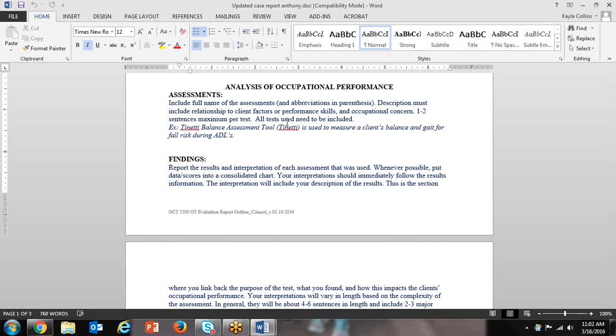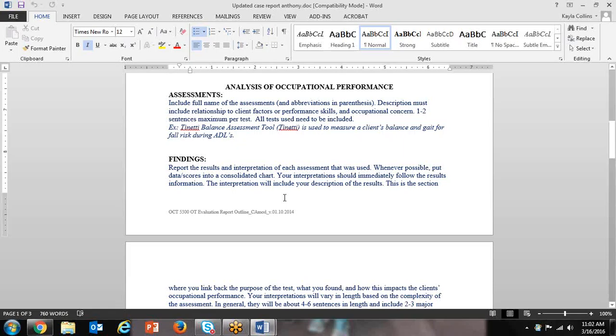You should include a very brief description, one sentence, maybe two. Why was this assessment chosen for this child? What specific client factors or performance skills or occupational concerns is being assessed with this test? So the School Function Assessment (SFA) is used to measure a client's ability to participate in school-related tasks. Okay, that's why we chose it for Anthony.